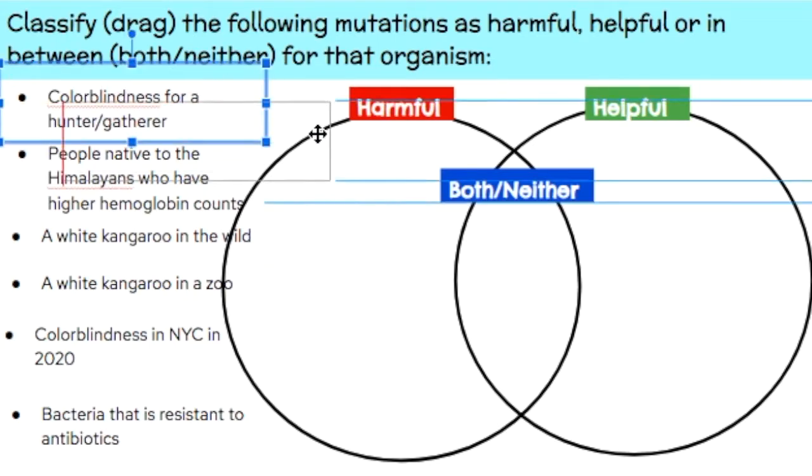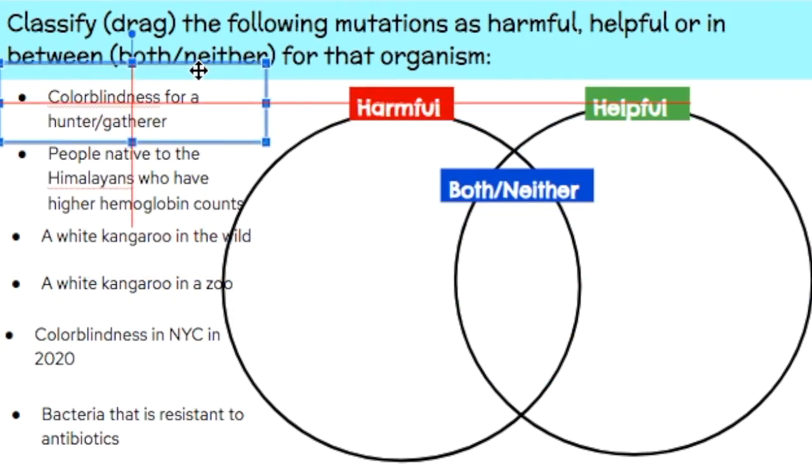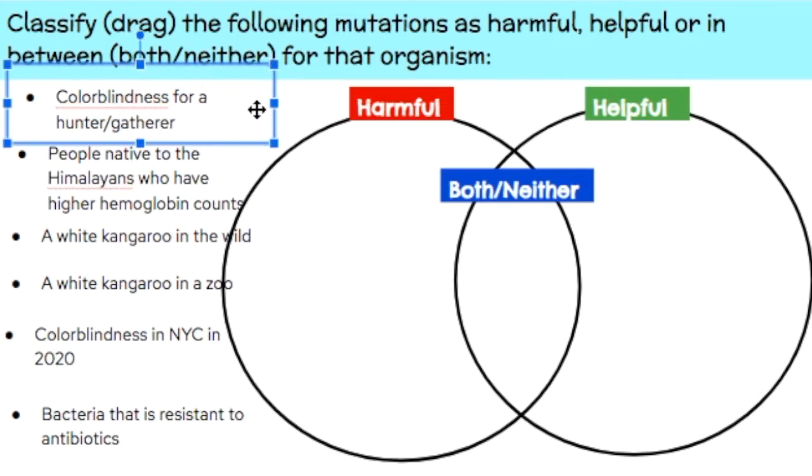So think about, back in the day, a hunter-gatherer who might have been colorblind. Think about what you need to do as a hunter-gatherer. What are you looking for? Is the berry red? Is it green? Does it matter? Go ahead and drag that into there. People native to the Himalayan mountain range who have higher hemoglobin counts. Remember, hemoglobin can help carry oxygen through our blood.